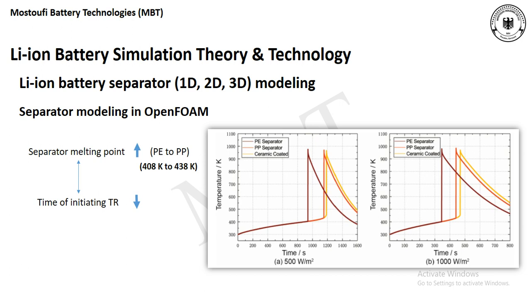So as you can see, as the separator melting point increases from, for example, PE to PP material, from 408 Kelvin to 438 Kelvin, the time of initiating the thermal runaway decreases. But as you can see, there is not much difference in the time of initiating the thermal runaway between the PP separator and the ceramic coated.